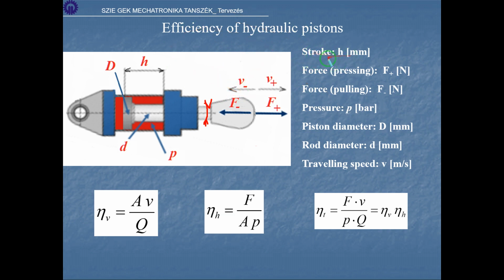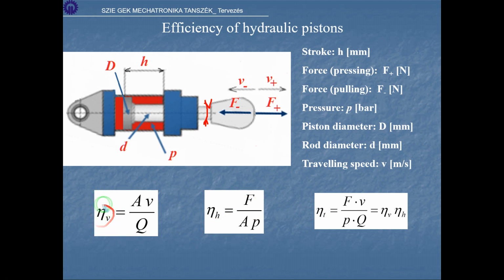The stroke length, the force which can be actuated in the positive direction and the negative direction, the maximal pressure which can be utilized with these types of cylinders, the piston diameter, the rod diameter, and the maximal traveling speed. So how can we calculate the efficiencies?